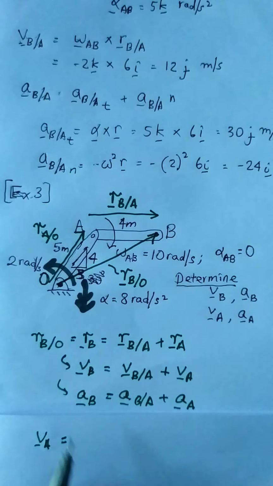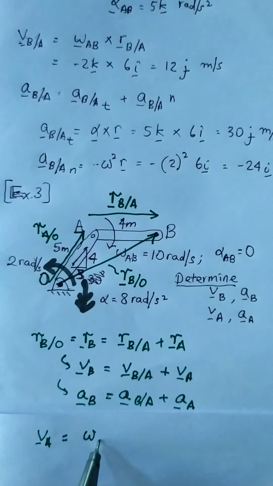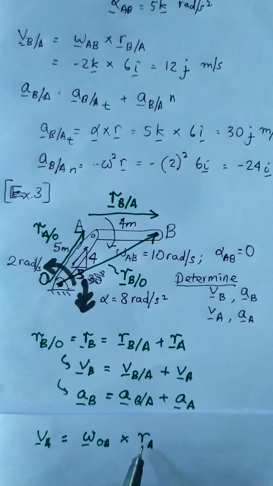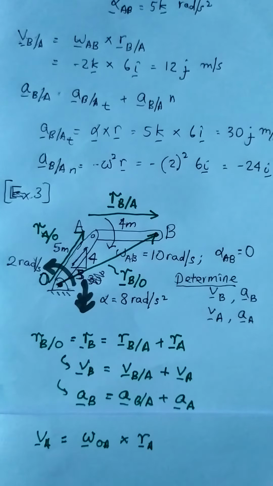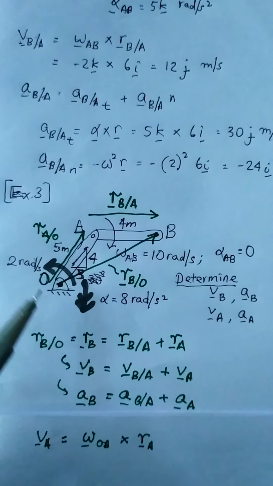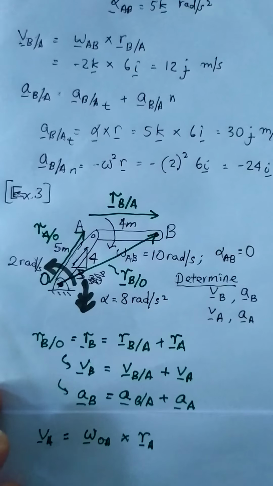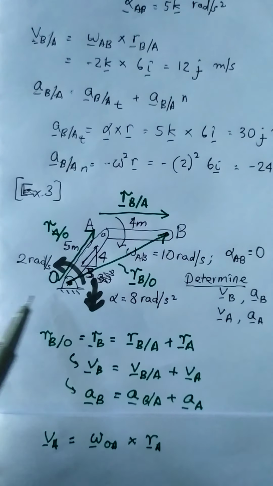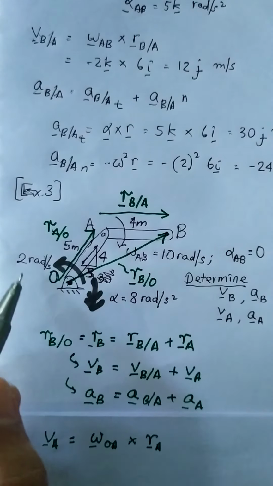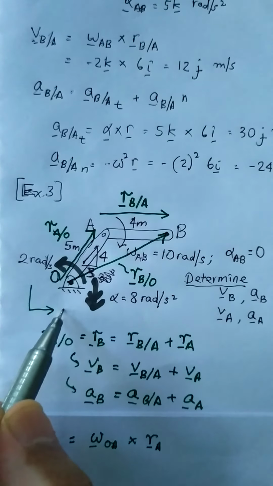So the velocity can be taken as omega OA cross position vector A. We know from our observation that OA is 2 radian per second counterclockwise. We have not labeled our XY, so let's say this is our XY.